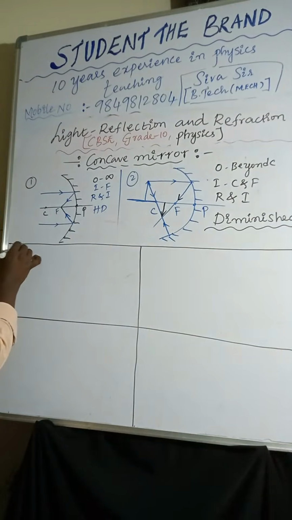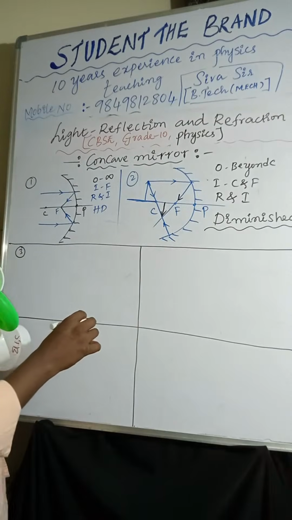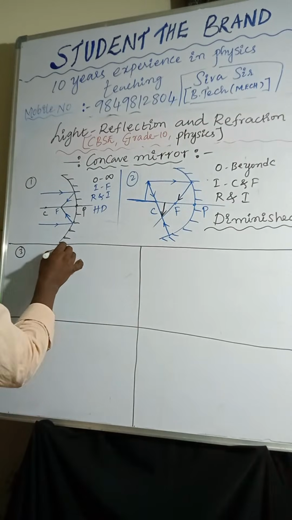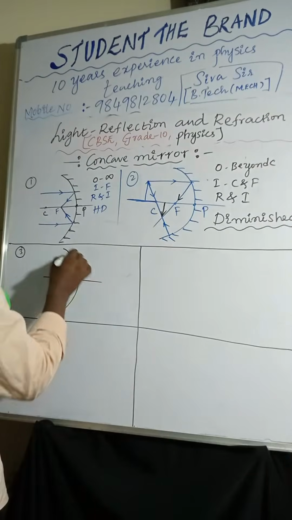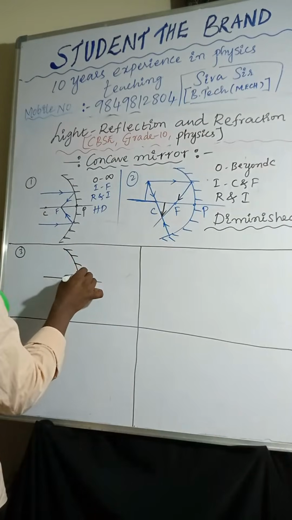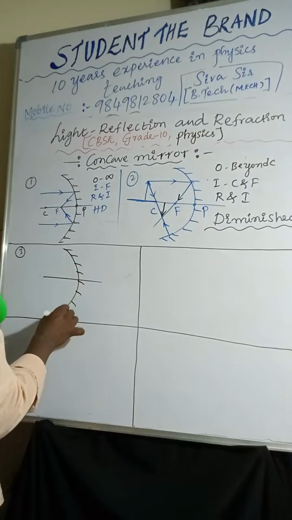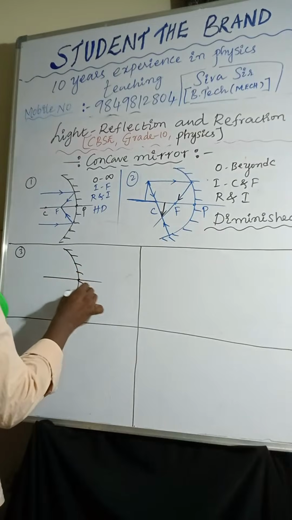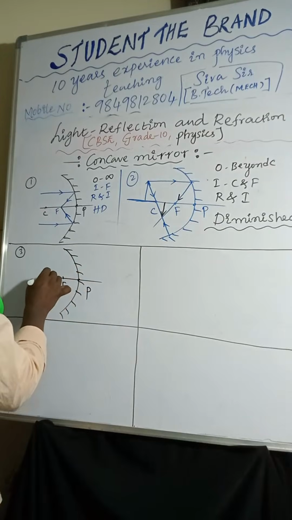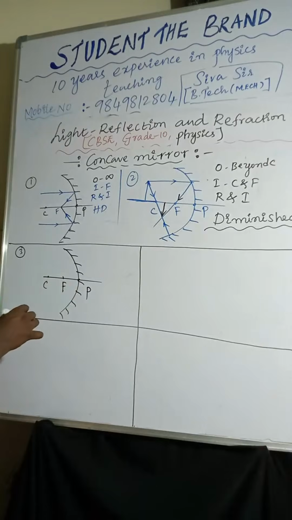Next one, third one. Object, pole, focus, center of curvature.